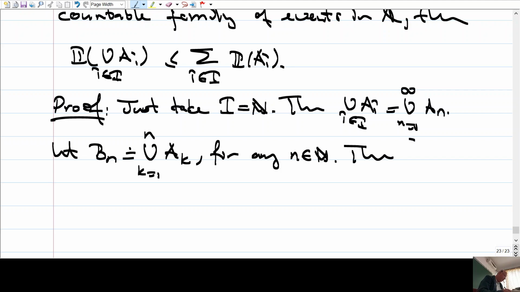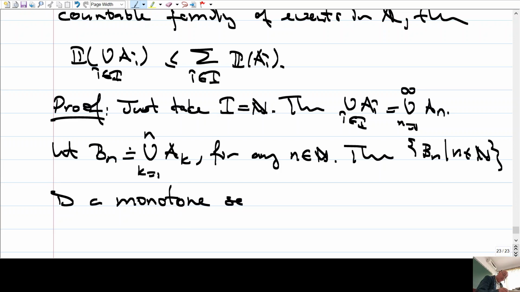Then Bn is a monotone sequence. Right? This is an increasing sequence. B1 is contained in B2, B2 is contained in B3, and so on. Right?